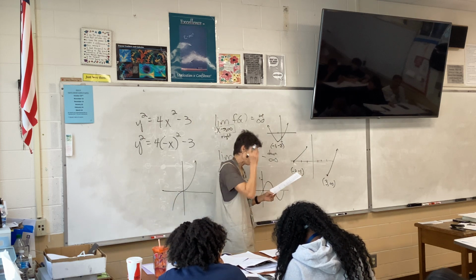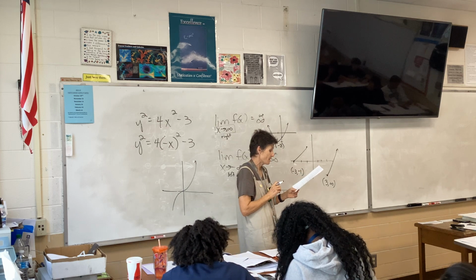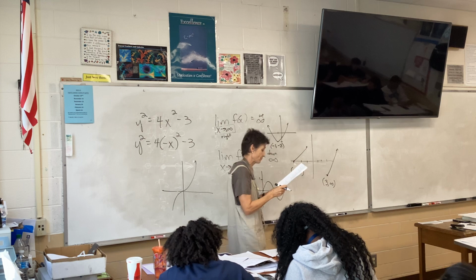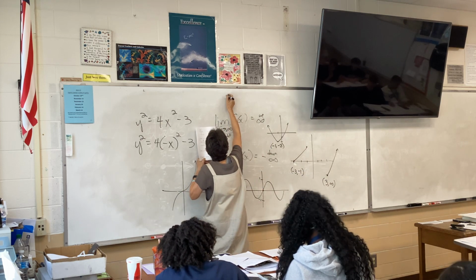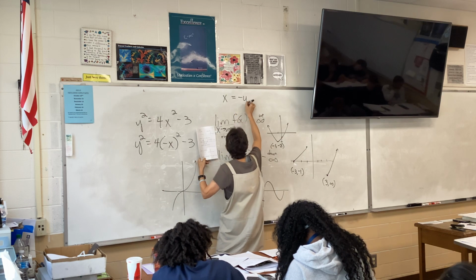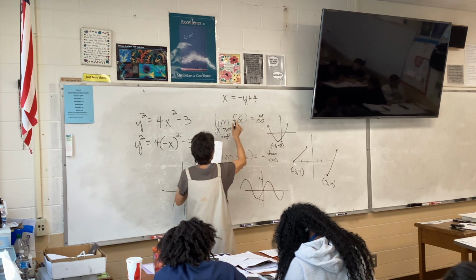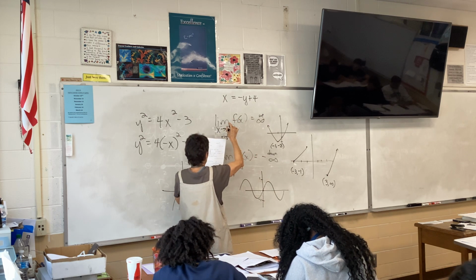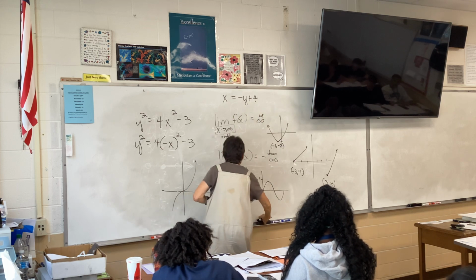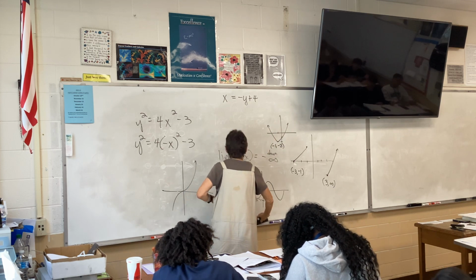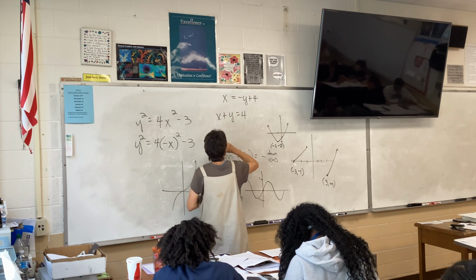Is this thing symmetric across the line y equals x? Why or why not? So what's your test? So x equals -y plus 4. Now we gotta figure out if that's gonna be the same equation. Right, so let's see, this would be x plus y equals 4.